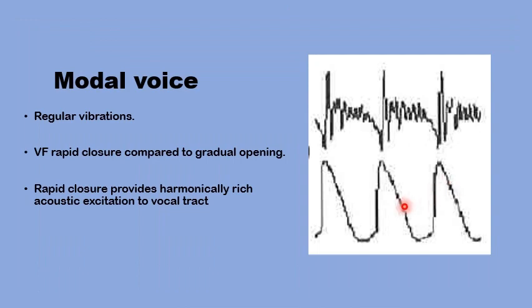This is an example of a typical glottal area waveform for modal voice in a normal person, which would show the rapid closure of the vocal folds compared with the slow opening up of the vocal folds. This rapid closure provides harmonically rich acoustic excitation of the vocal tract.